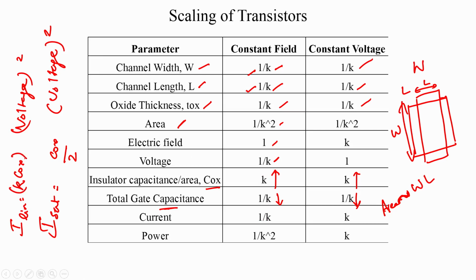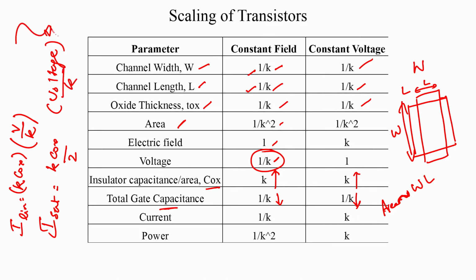And how does voltage change in case of constant field scaling? The voltage has to reduce by a factor of K. So, whether it is here or here, it is the same.